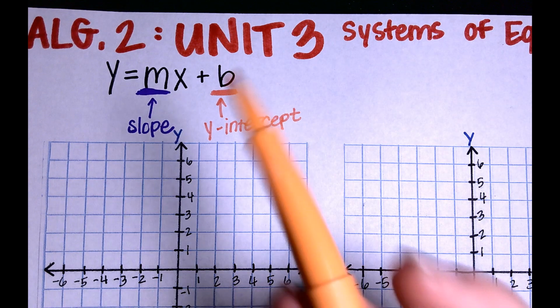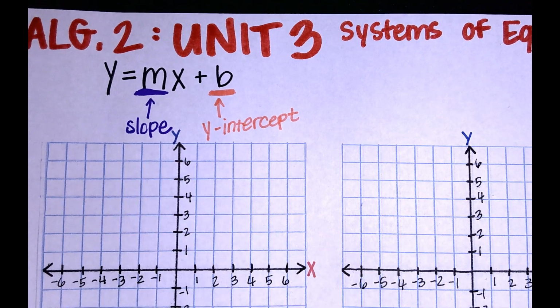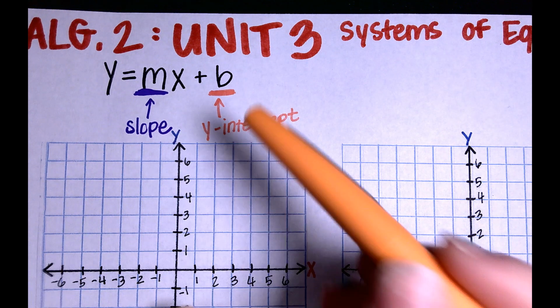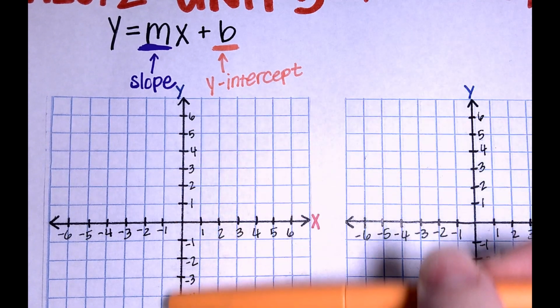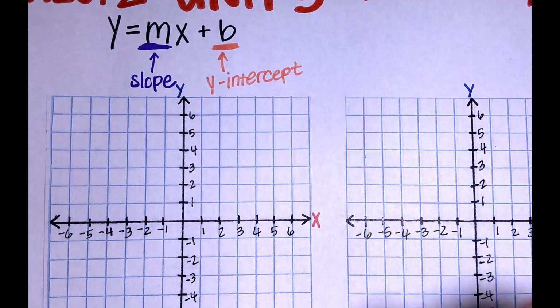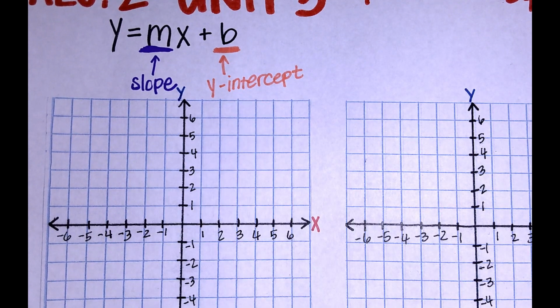Y-intercept might sound familiar to you because we labeled y-intercepts on our last quiz whenever we had a parabola. Does anybody remember what we define a y-intercept as? Yes, it's where does my line touch the y-axis, the axis that goes up and down, the y-axis. So the y-intercept touches the y-axis.